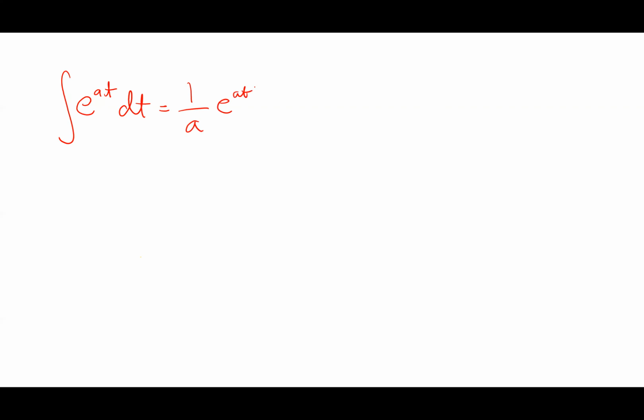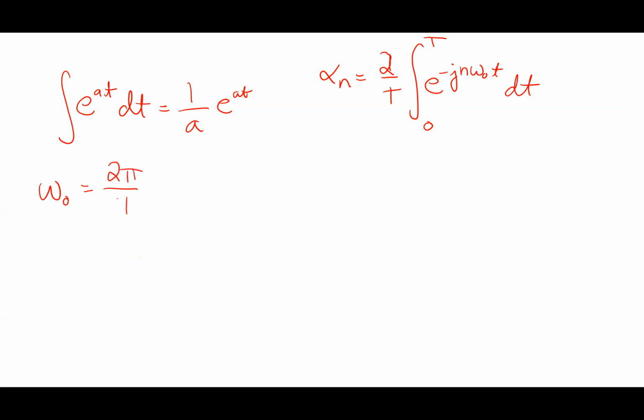All right, so that tells me in this case, if I have alpha n is 1 over T, I'll pull the 2 out in front here, e to the negative j n omega naught t dt, and I'm integrating from 0 to T. And one other fact that I'm going to keep with me is omega naught, we said, is 2 pi over T. Okay, so how do I use this fact here in this math?